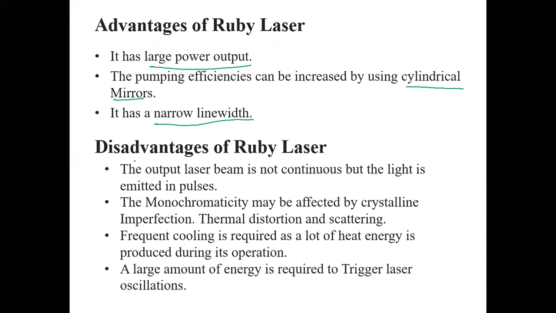There are many disadvantages of the ruby laser. The first one is that the ruby laser does not emit a continuous beam. That means the light is emitted in pulses.